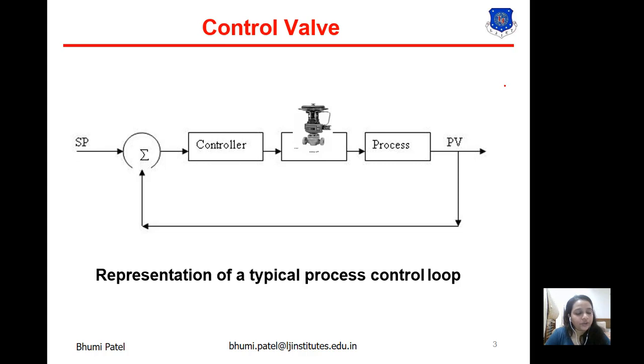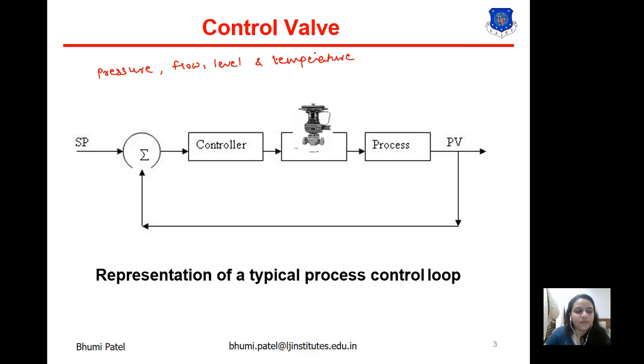Here you can see that these control loops are designed to keep a process variable. Which types of process variable have we considered? Pressure, flow, level, and temperature.